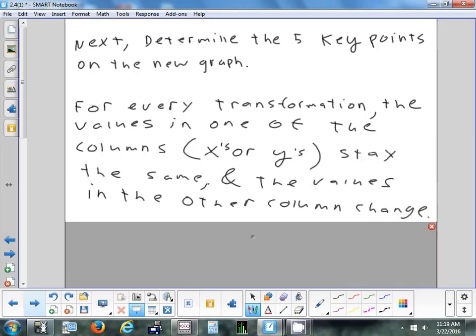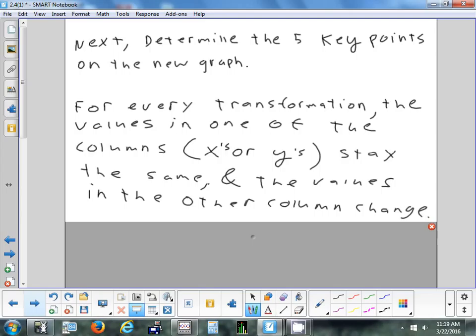So what that means is when you transform it, one of the columns I just gave you in those tables isn't going to change. Let me show you an example. If I were to shift something up, what axis does that affect if you move up? It affects y values. Okay? If you move up, it doesn't do anything left and right.